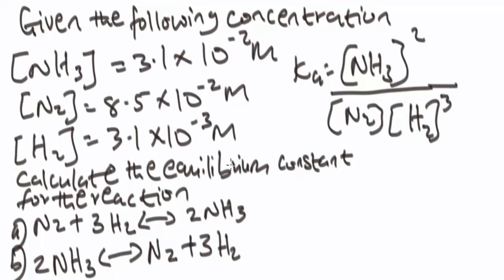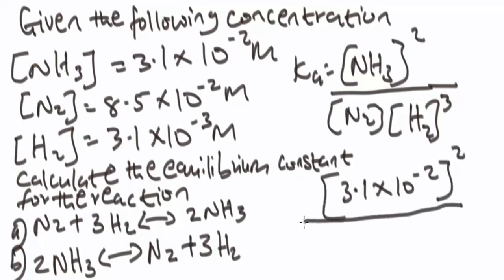When you simplify this, you just input the values. For ammonia, the value there is 3.1 times 10 to the power minus 2, and the coefficient there is 2. Over that, nitrogen there is 8.5 times 10 to the power minus 2.